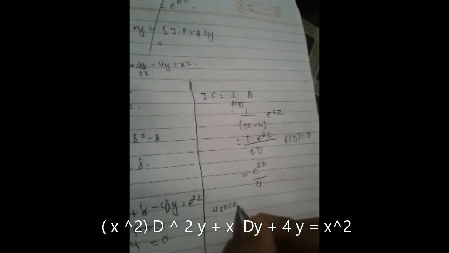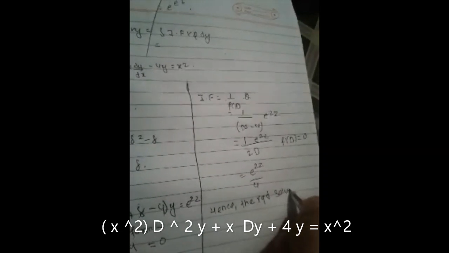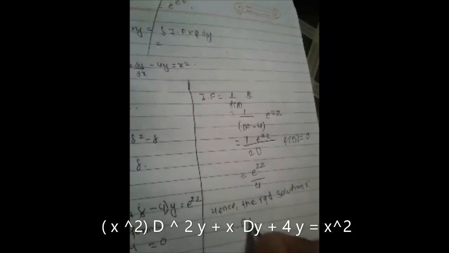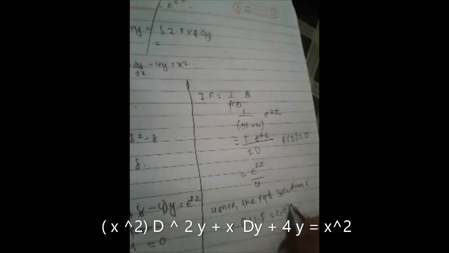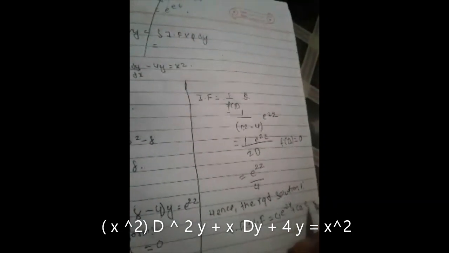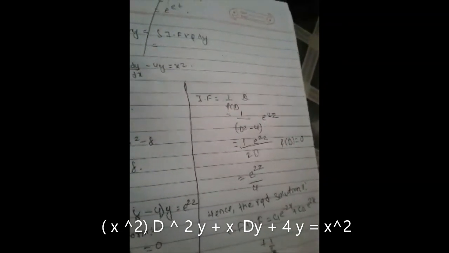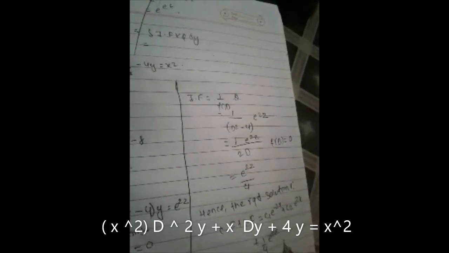Hence the required solution is CF plus IF, equal to C1 e to the power 2x plus C2 e to the power minus 2x plus 1 upon 4 e to the power 2z. This is our answer.